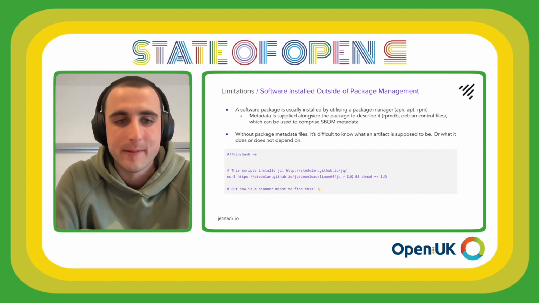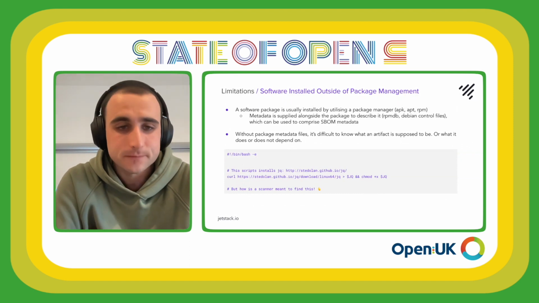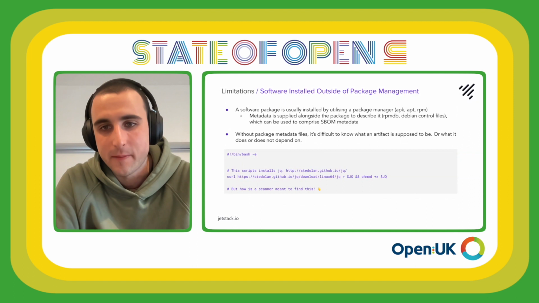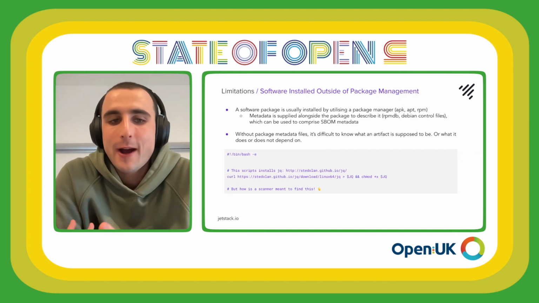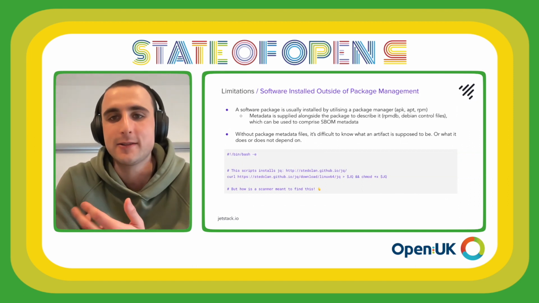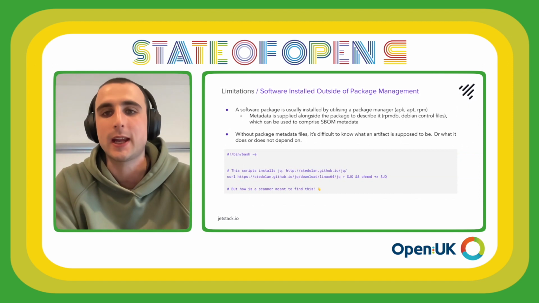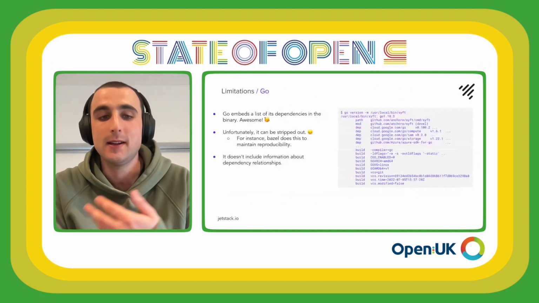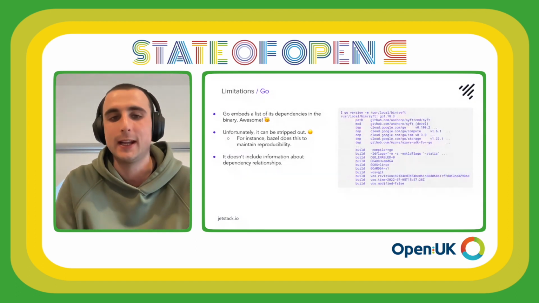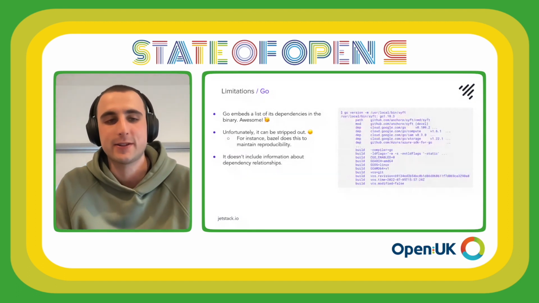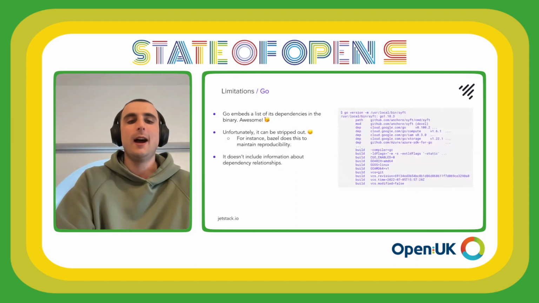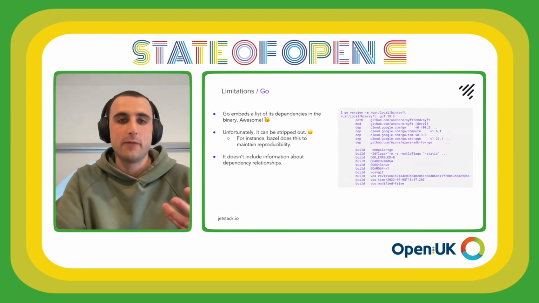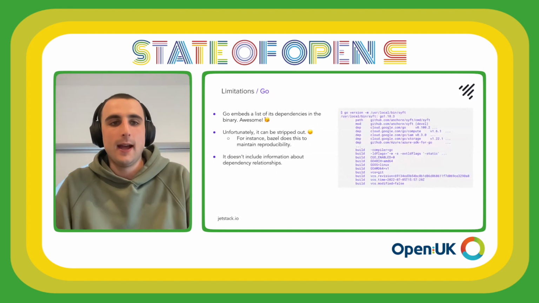Let's say on my container image, I realized I needed jq. So I've curled in jq and it's available for me to execute and use. But how is a scanner meant to find that? Scanners are only able to look where they know to look. If I installed it with APK, apt, or RPM, then I'd be able to find it. In this case, it's going to go completely under the radar. And that goes for anything else that you decide to manually copy or pull off the internet without using a reliable package manager.